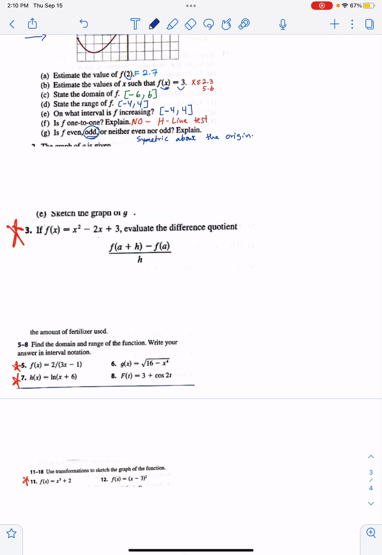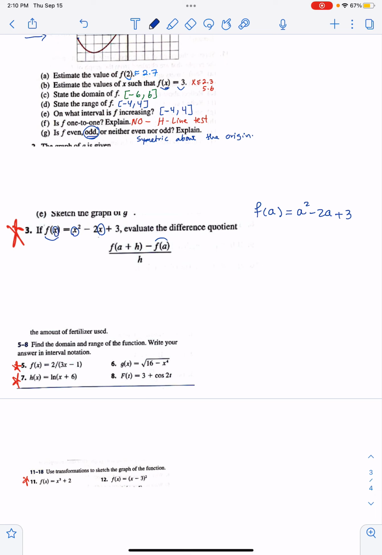You have f of x already, so it's easy to find f of a. You simply replace every x by a. So f of a is a squared minus 2a plus 3.